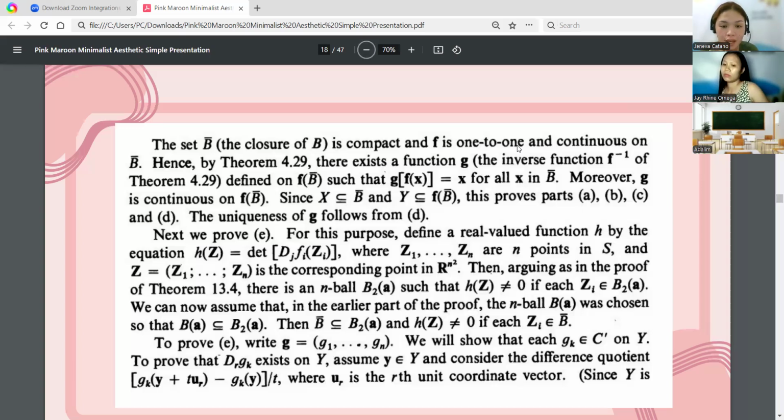Okay, to prove e, write g = (g_1, ..., g_n).